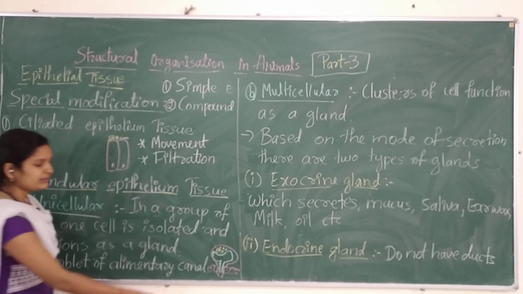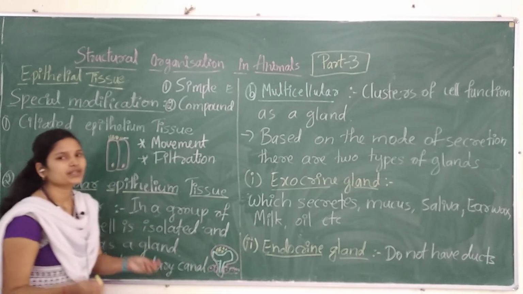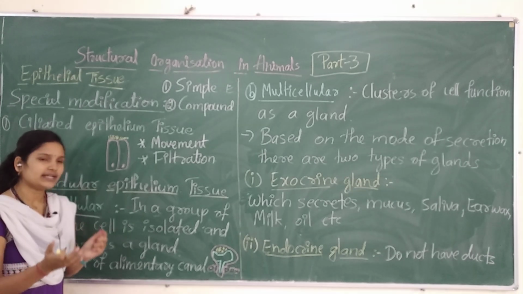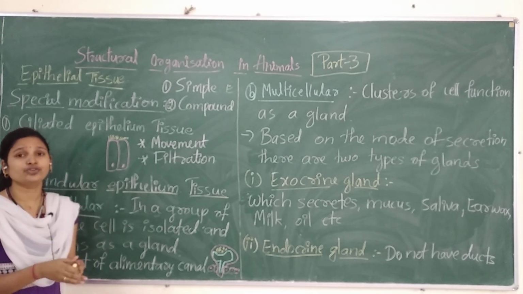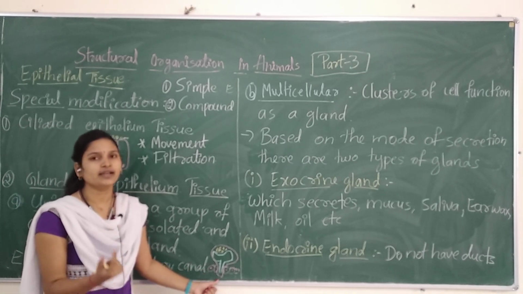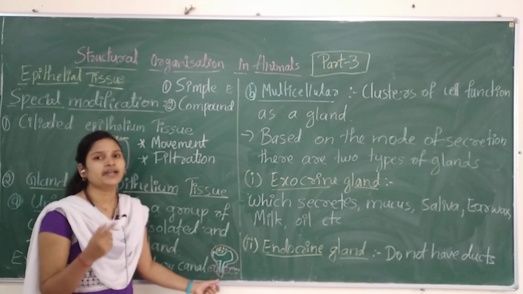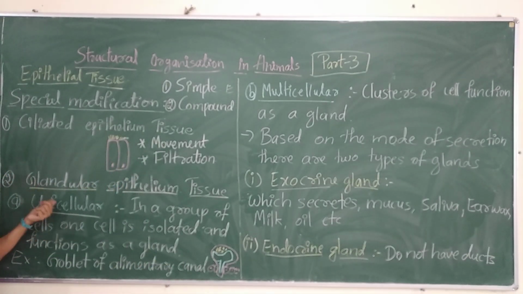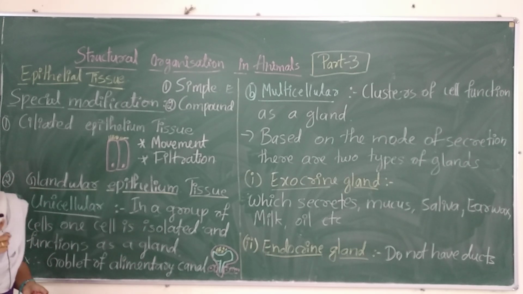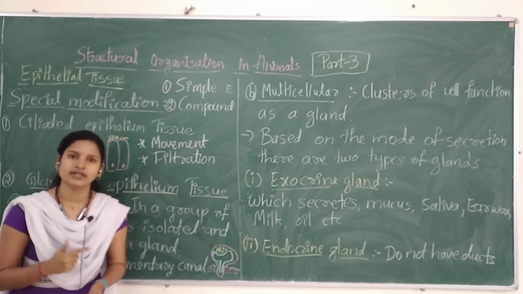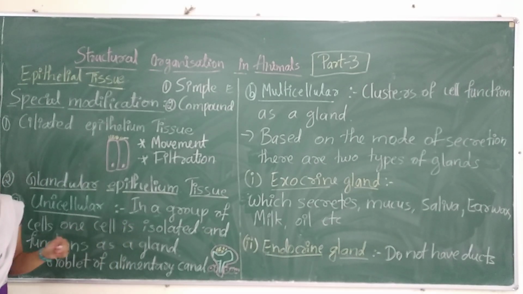Here there will be a group of cells which we call epithelial tissue, and in that group one specific cell will get modified and become a specialized epithelial cell, which we call unicellular glandular epithelial tissue. Uni means only one cell is going to modify itself and perform one particular function.